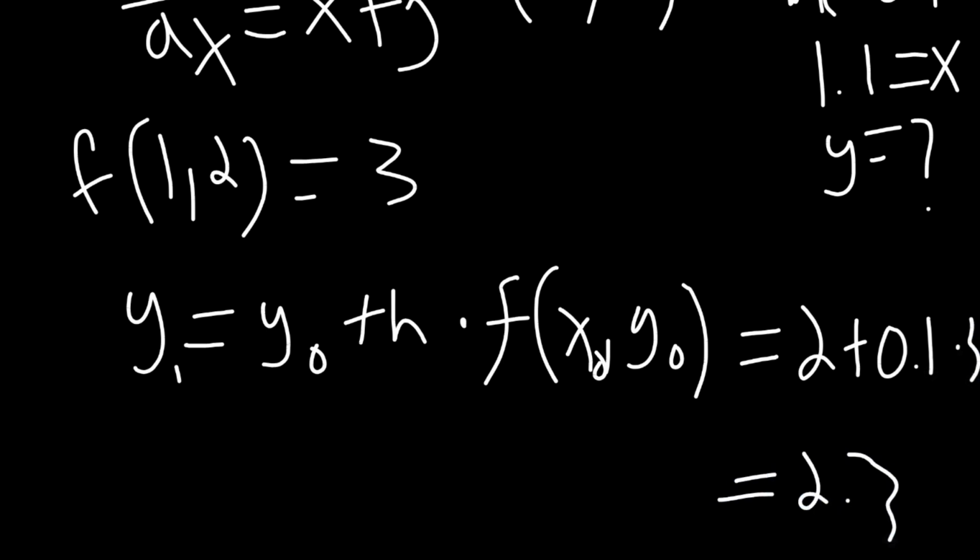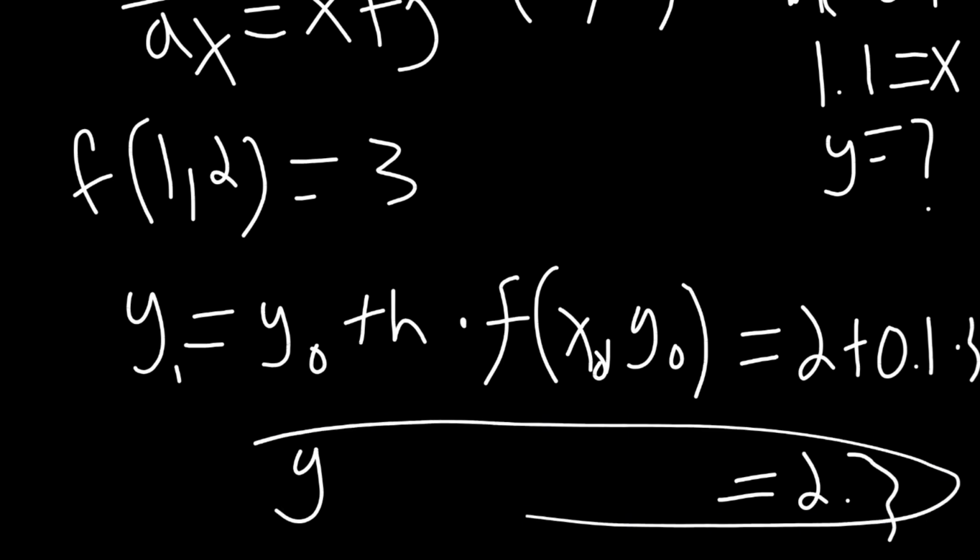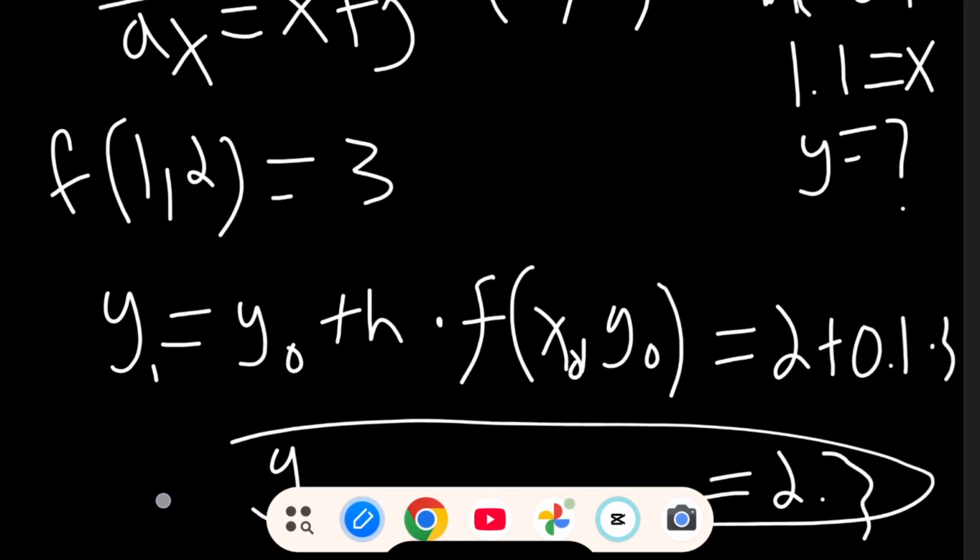So what we did is we found our slope, we found our y value, we have our new y and our old y, and we solve for the new y. And so when we plug in x equals 1.1, we get y equals 2.3, and that is our final answer.